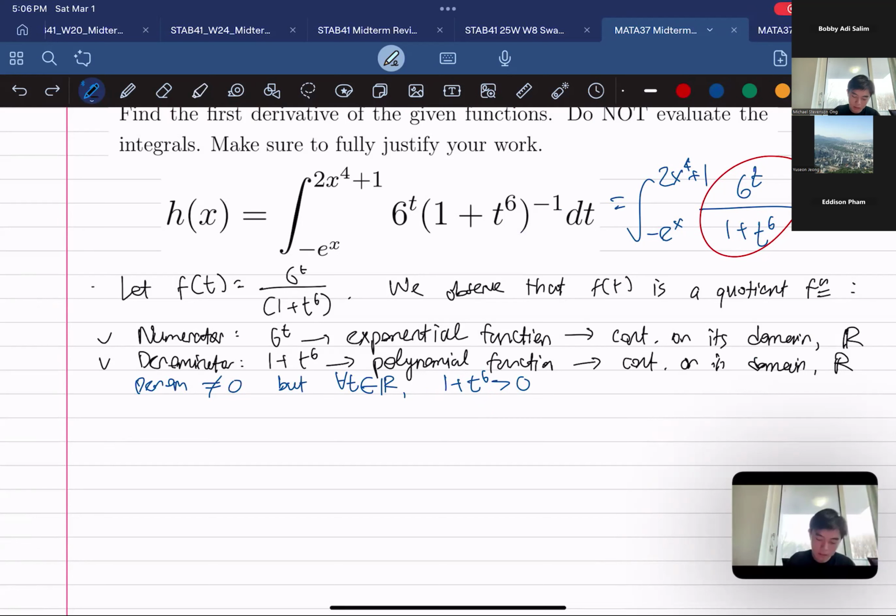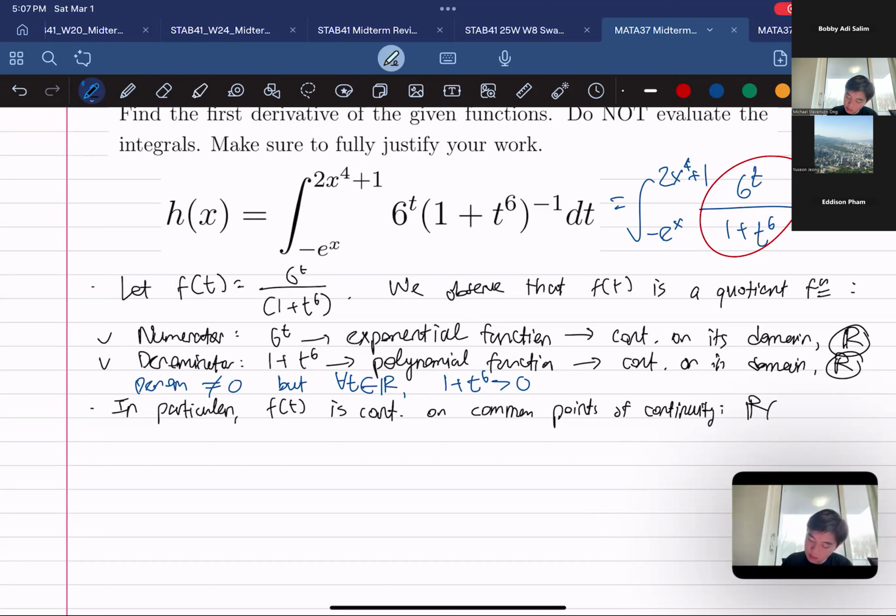In particular, that function is continuous on the common points of continuity, which is, I take that and I take that, that becomes R again. I forgot if this is the correct way of writing it. Anyways, it should be an and, not an or.